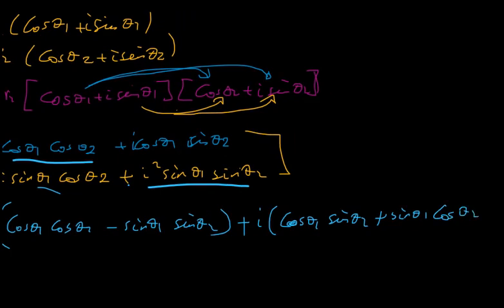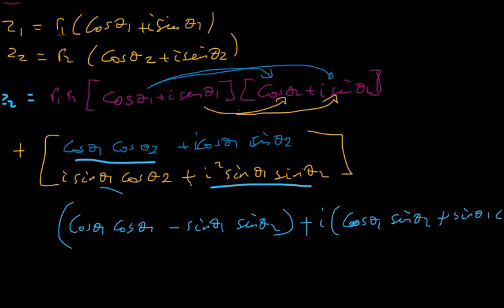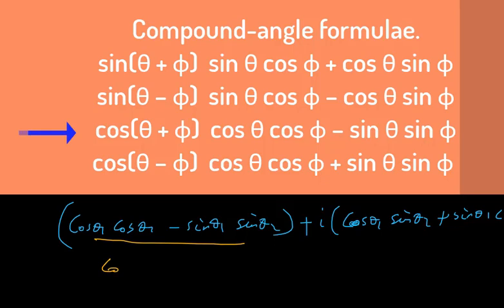From your trig knowledge, this is the same as the angle sum, which means cosine of theta 1 plus theta 2.